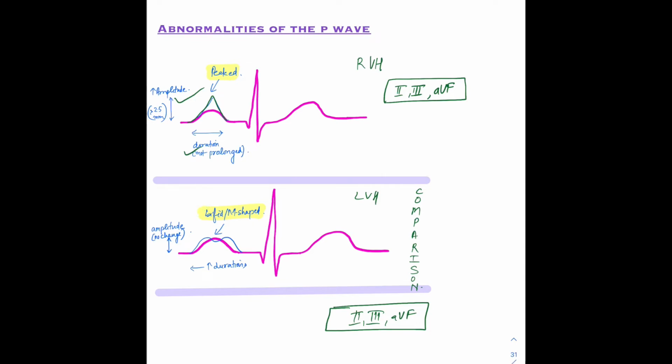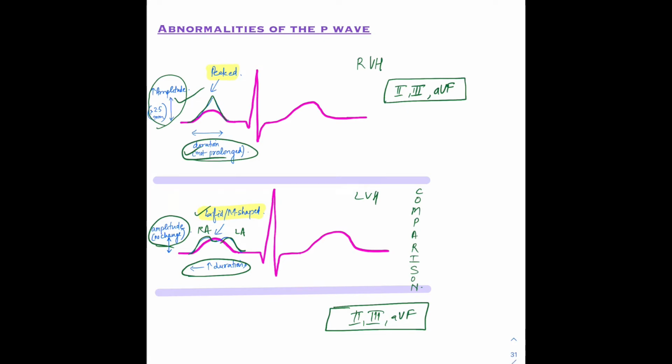The changes that you're going to notice are bifid or M-shaped P waves, in which the initial portion of the P wave represents the activation of the right atrium and the later portion represents the activation of the left atrium. This is completely opposite to that of right atrial enlargement, in a way that you will have increased duration but no change in the amplitude. Okay, but in case of right atrial enlargement, we were having an increase in the amplitude and no change in the duration.